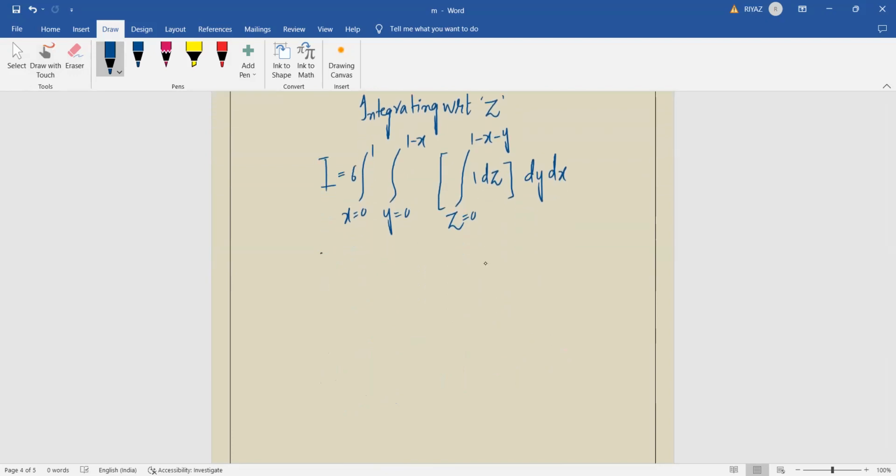I is equal to 6, x is equal to 0 to 1, y is equal to 0 to 1 minus x. The integral of 1 dz is z between the limits z is equal to 0 to 1 minus x minus y, then dy, then dx.